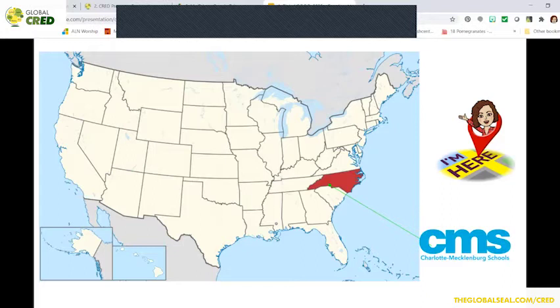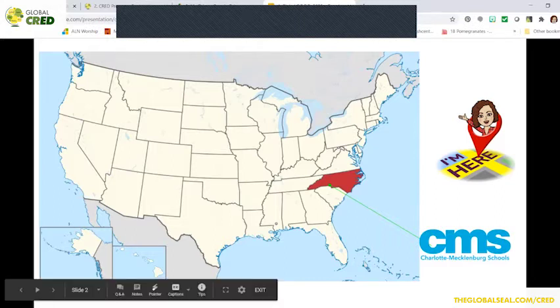We have 180 schools, over 110 of those are K-5. So you can imagine we are quite expansive, and we try to represent the diversity of our district with the offerings that we have, and we want to make sure that our students have access to high quality language programs.